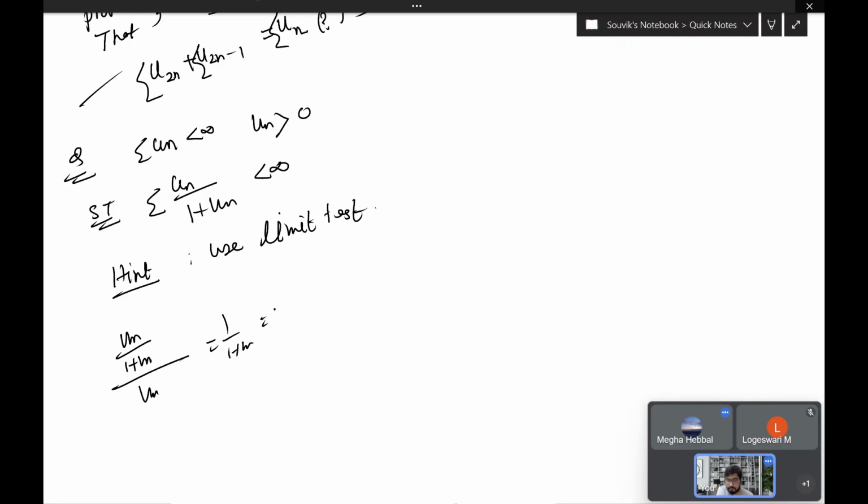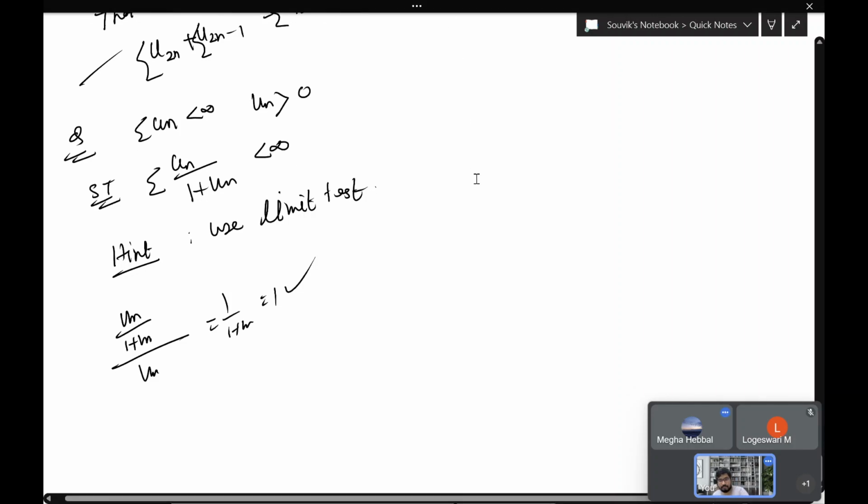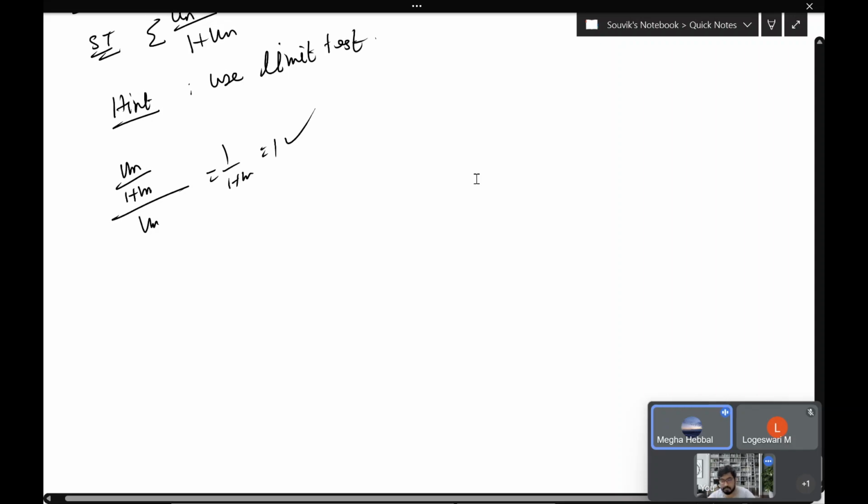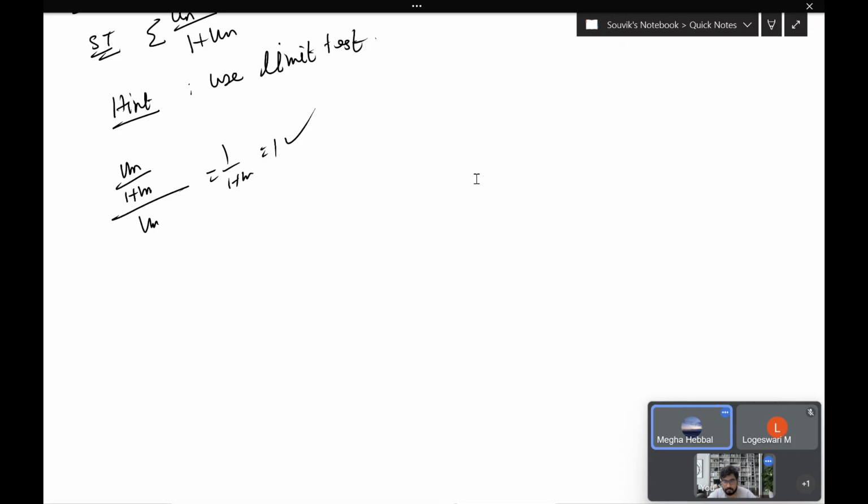Very good. So can we do un by 1 plus un? Just by inspection, we know that that is lesser than un for any n.